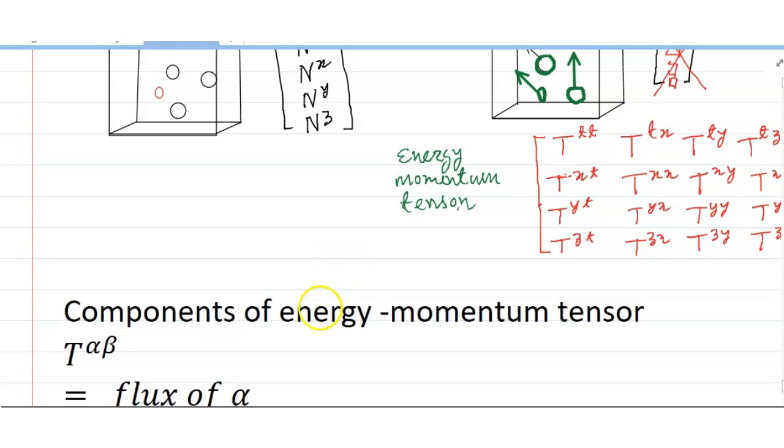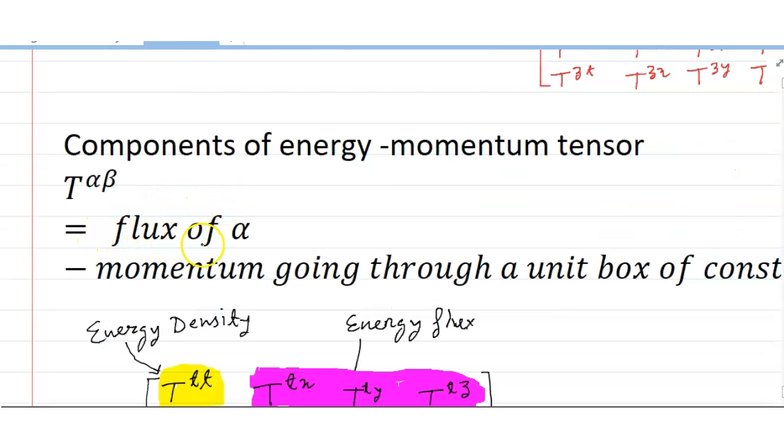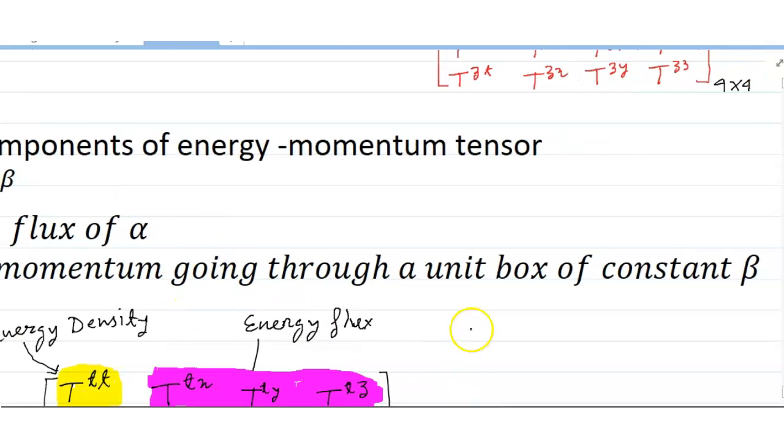So friends, the component of the energy momentum tensor T alpha beta equals the flux of alpha momentum going through a unit box of constant beta.